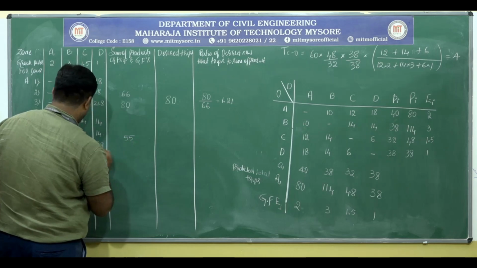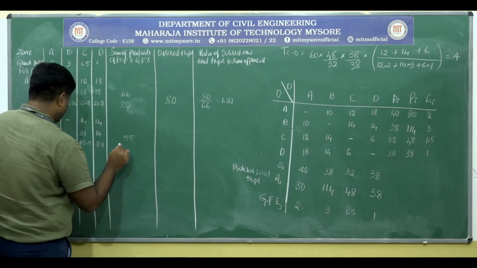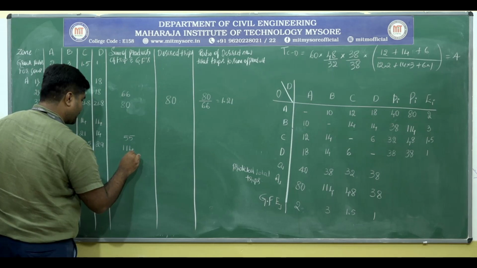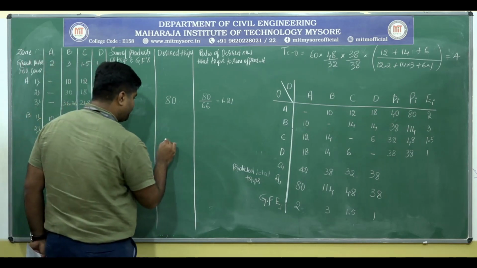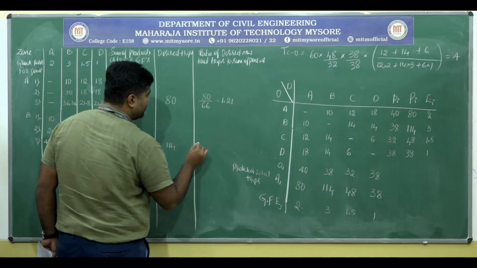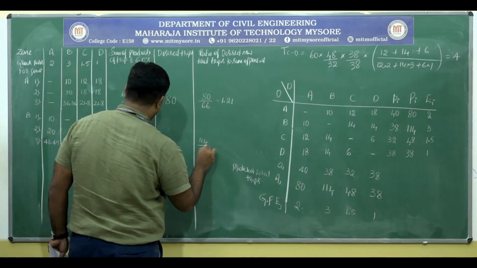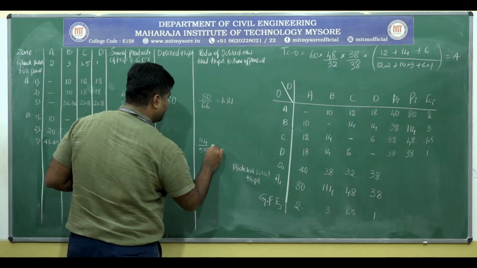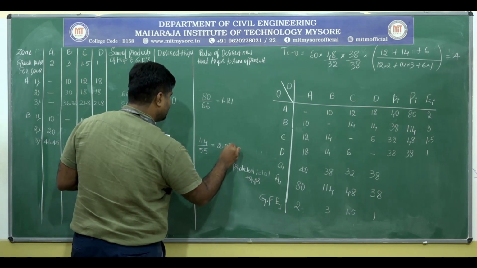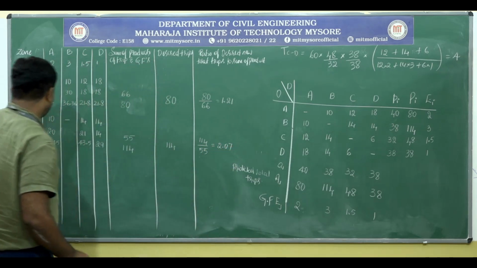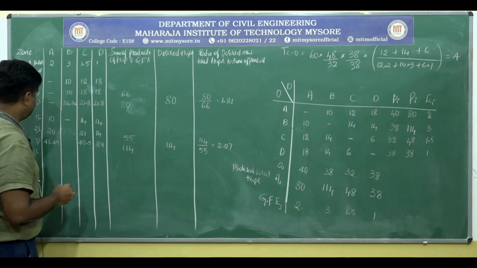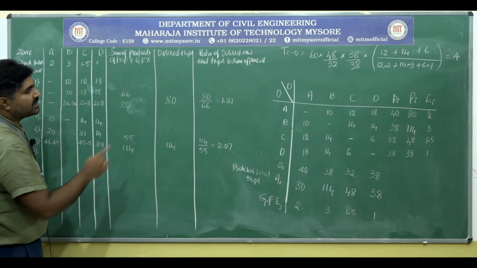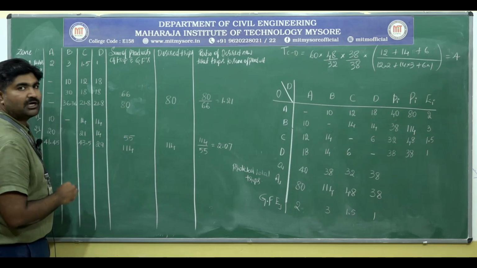If you add these, you will get 114. So 114 divided by 55, you will get 2.07.